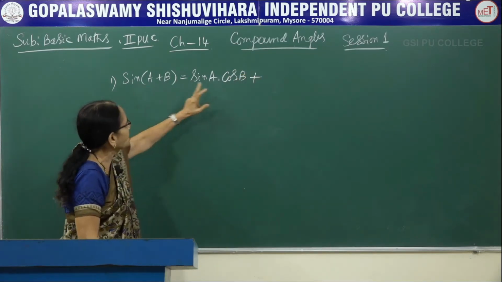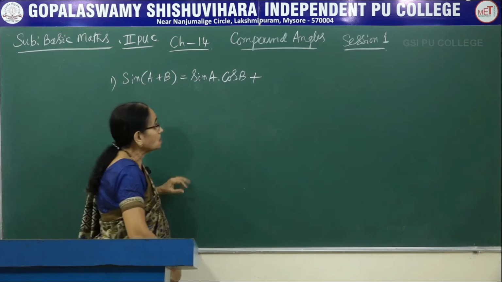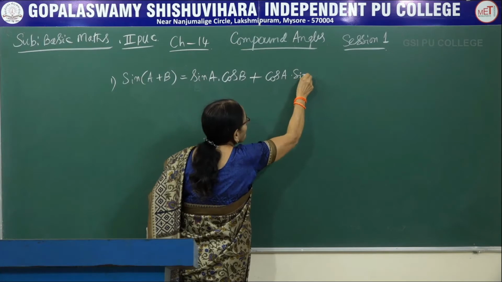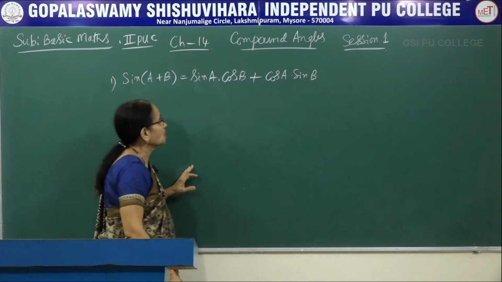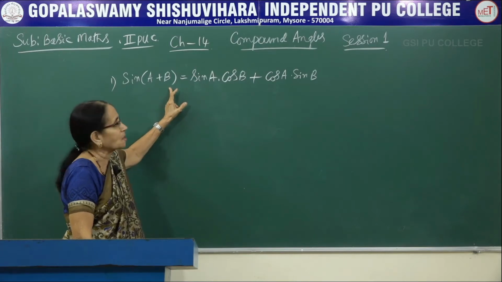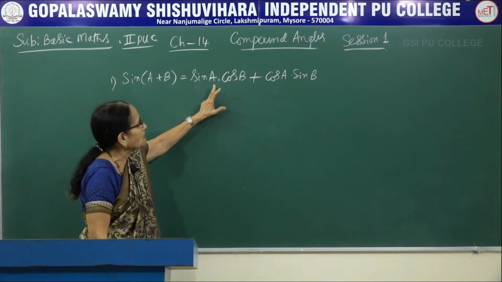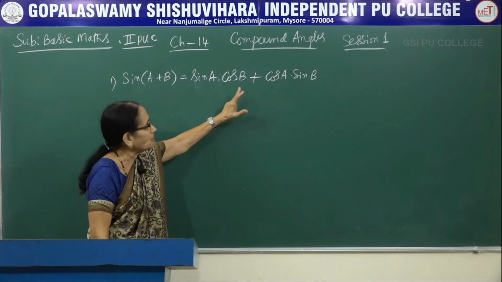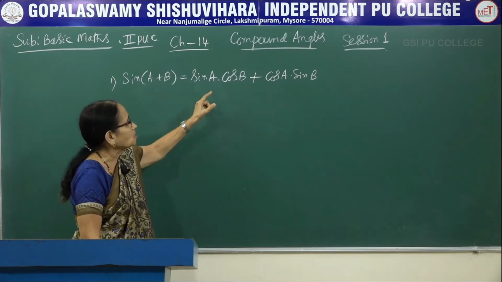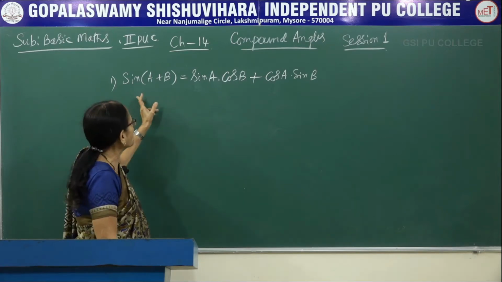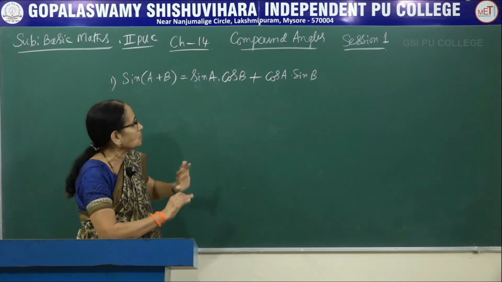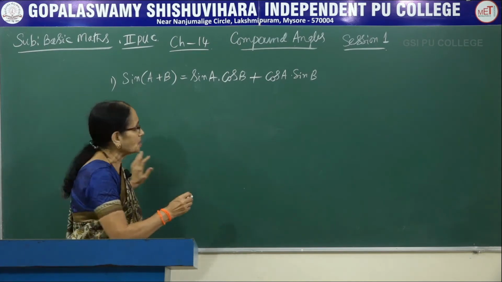Sin A into cos B. The second term is cos of A into sin of B. Observe here, A means the first angle, B means the second angle. Sin of the first angle into cos of the second angle plus cos of the first angle into sin of the second angle. So this is the expansion of sin of A plus B. You observe both the terms contain both the sin and cos ratios.